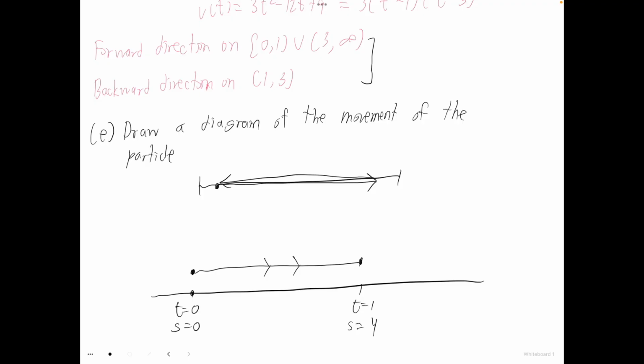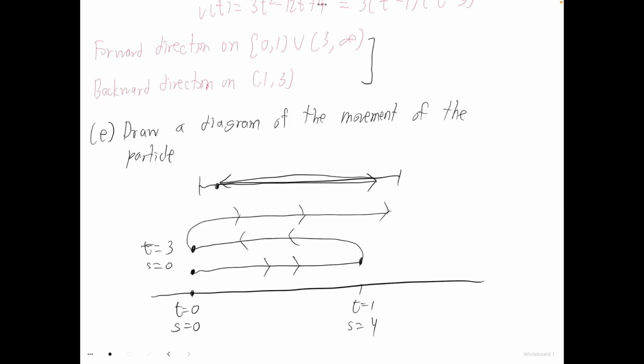And then from 1 to 3, we're moving in the negative direction. Here, we'd have that t is 3, and if you plug 3 in, you find s is also 0. And then from 3 on, we're moving in the forwards direction.